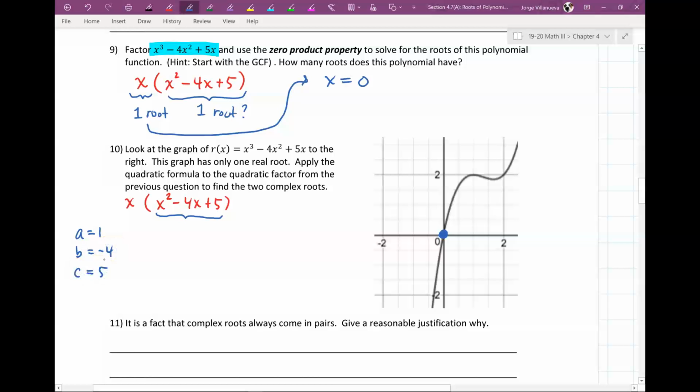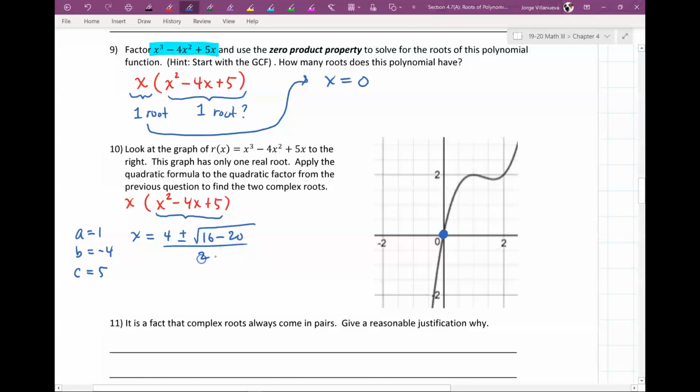Okay, so let's put that into the quadratic formula. X equals -b, that'd be a +4, plus or minus the square root of b squared. -4 squared is 16, minus 4 times a times c, 4 times 1 times 5. So that's 20.